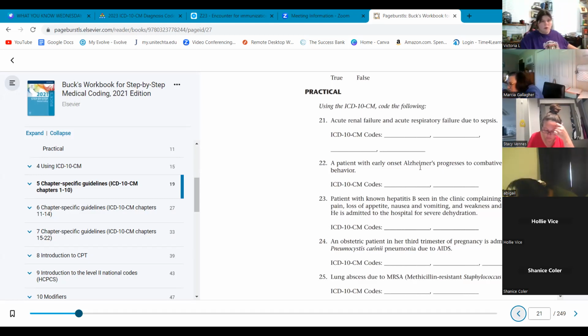So I'm going to go to my G's. So G30.0 should be our early onset Alzheimer's. G30. Okay, page 807. So it says Alzheimer's disease with onset.